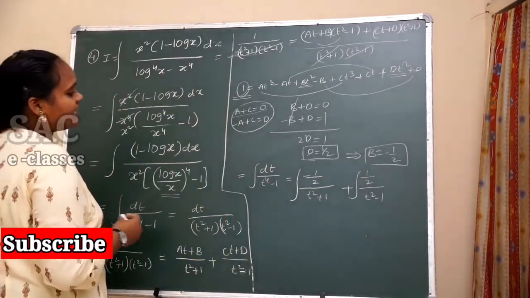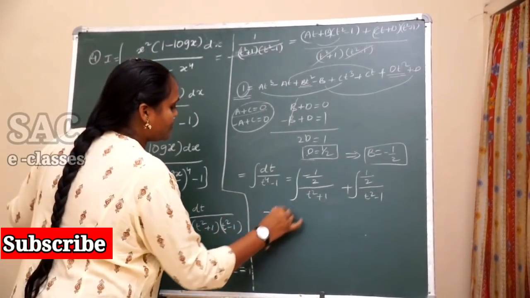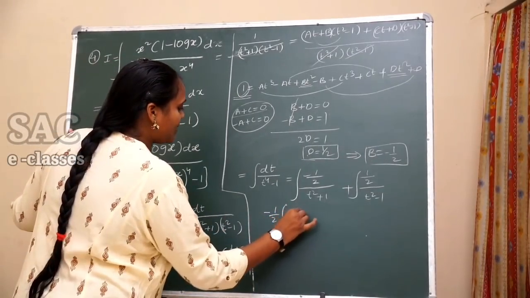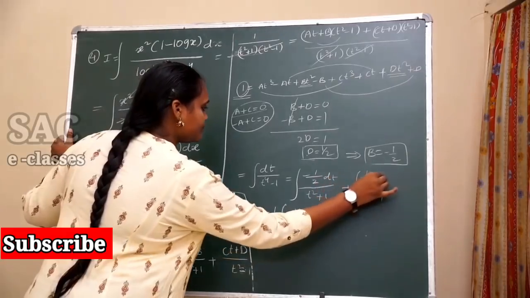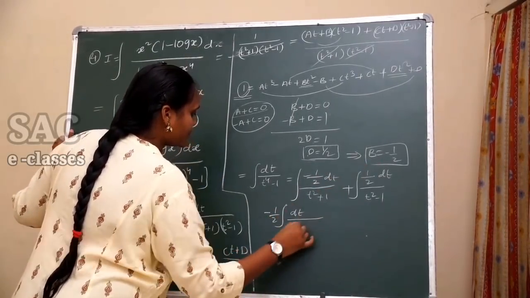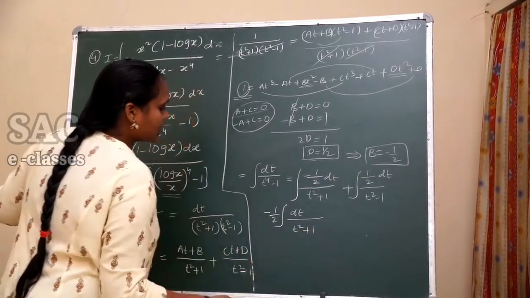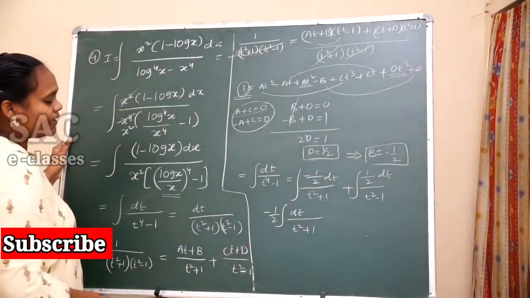What is the integration of minus 1 by 2? I am keeping out dt by t square plus 1.